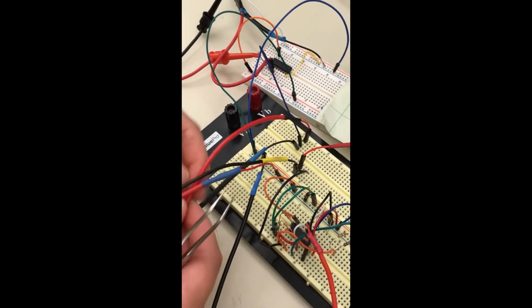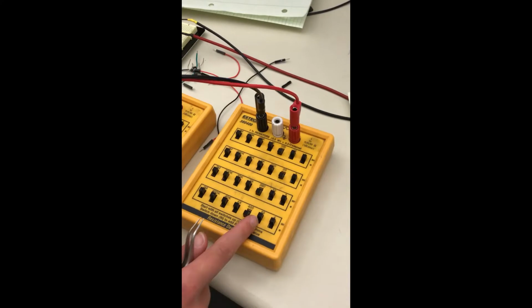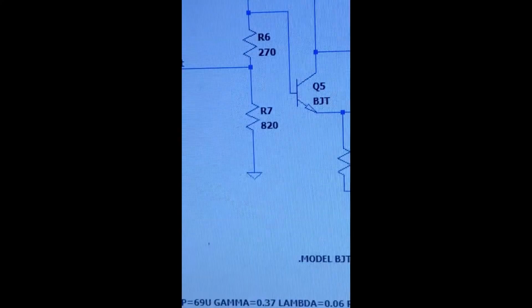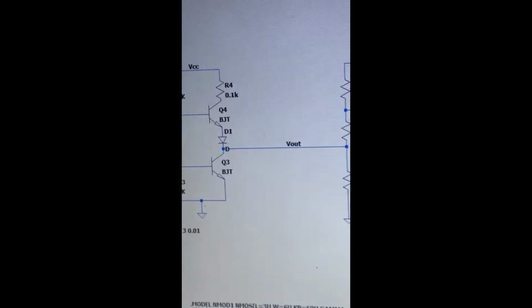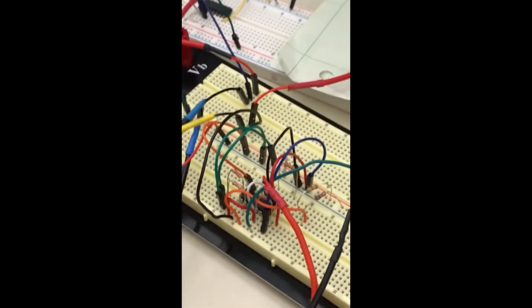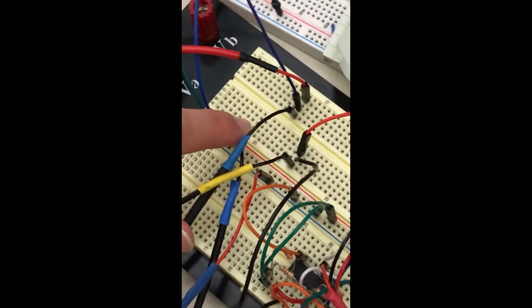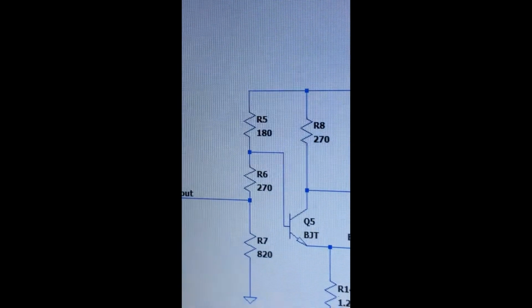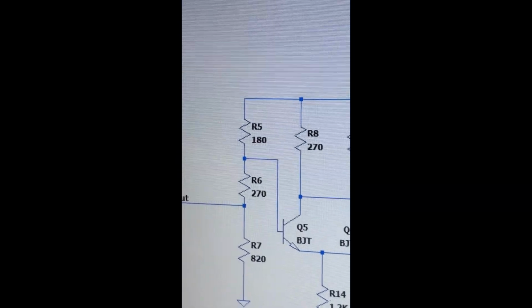So the resistor values, as we can see, this is V out. The first resistor, which is the 820, is connected between V out and ground. So it's V out, and the other end of it is grounded here. And then the second resistor is the 270, which is between V out and the input to the ECL.